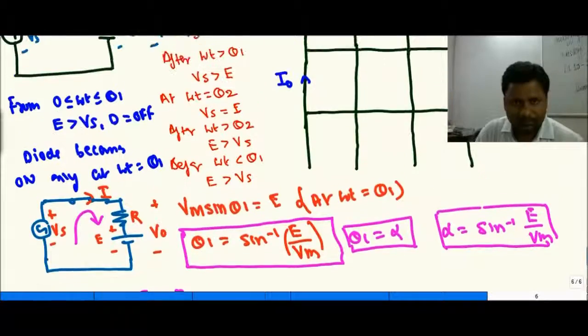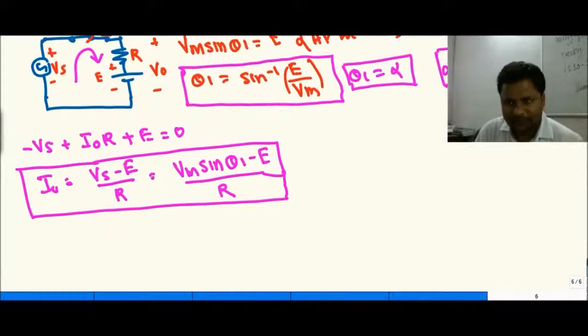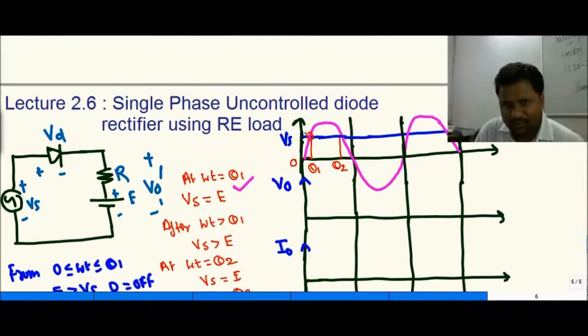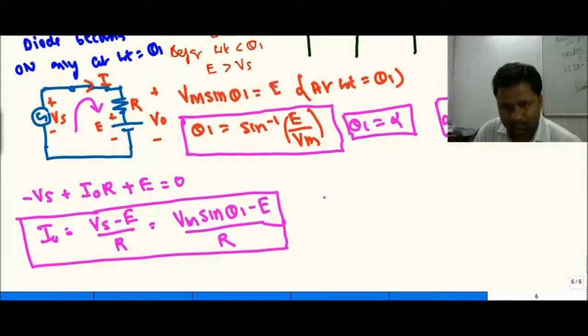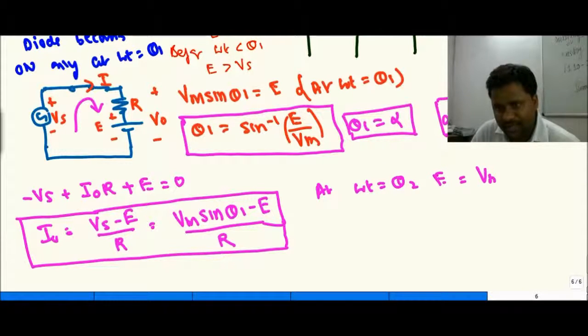Now, if we move forward and reach omega t equals theta 2, E equals Vm sin theta 2.